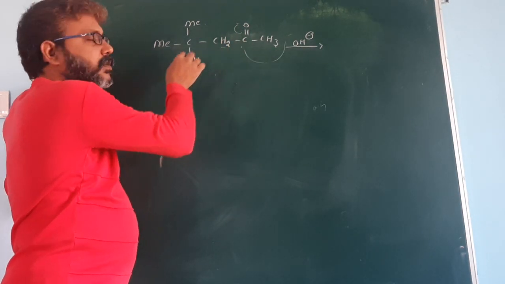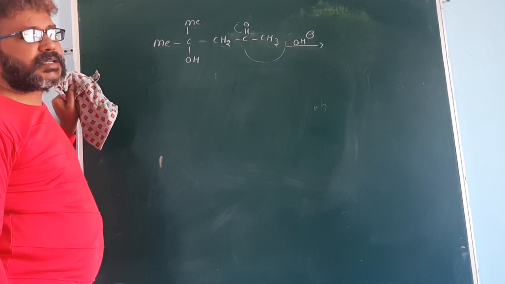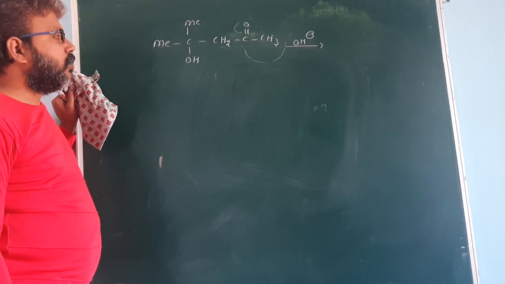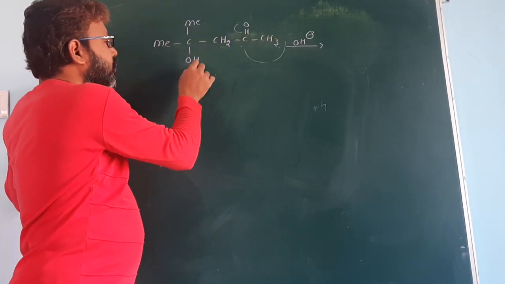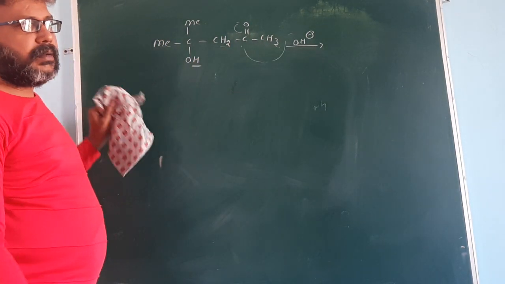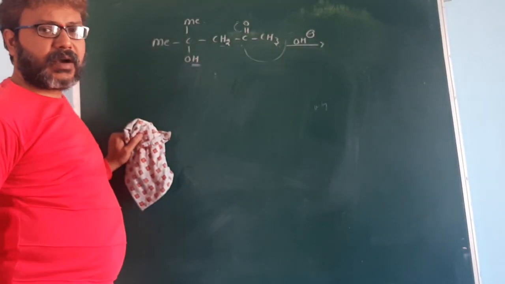This is an acid base reaction, and acid base reactions are much faster than nucleophilic reactions. So OH minus abstracts the proton from the OH group because it has more acidic character.